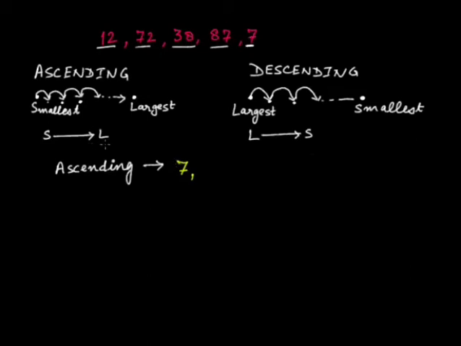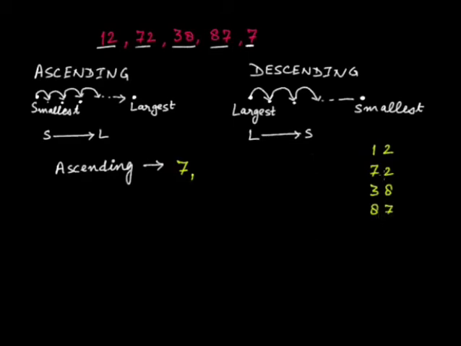Now find out which one is the largest number. We have 12, 72, 38, 87. These are all 2-digit numbers. So write them here: 12, 72, 38 and 87.